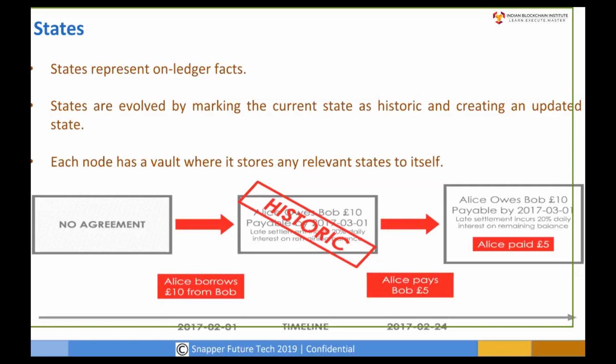Bob has given some money to Alice, and Alice has to pay back the money in the first transaction. In the second transaction, Alice has paid £5. So that is the second transaction, and it is the current state. All right.